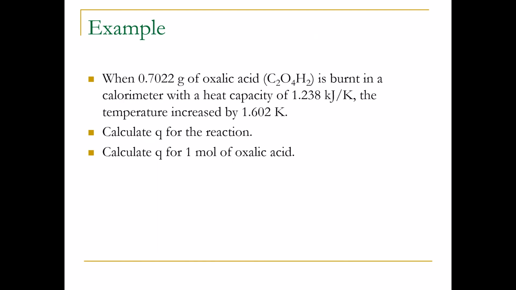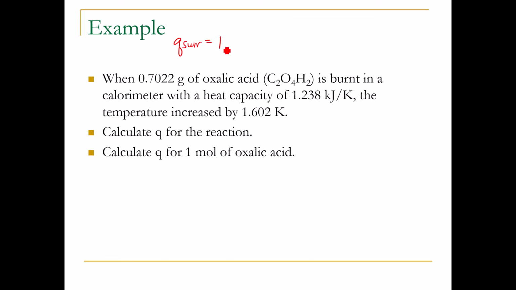All right, let's try one more example with this. 0.7022 grams of oxalic acid burned in a calorimeter with a heat capacity of 1.238 kilojoules per Kelvin. Temperature increase 1.602 Kelvin. All right, calculate Q. So again, we're going to start with Q of the surroundings, or the calorimeter.